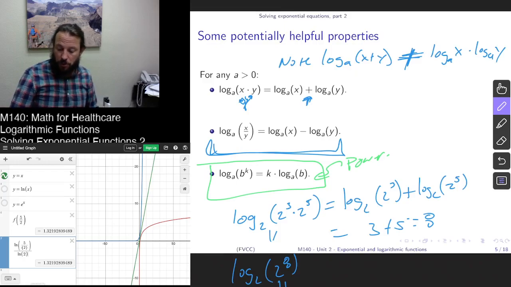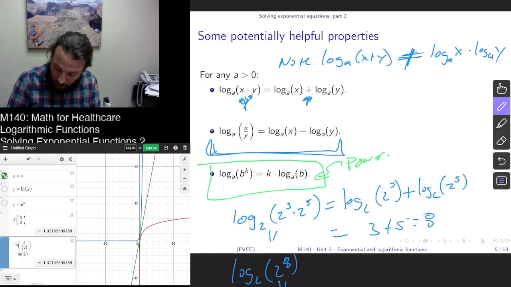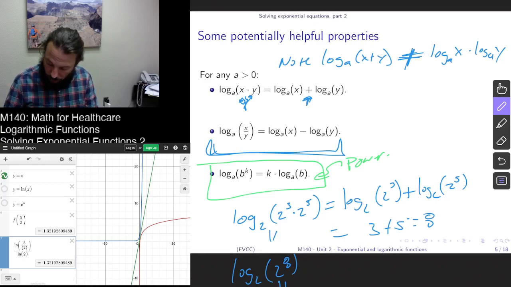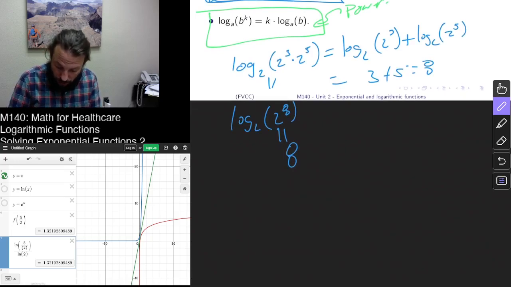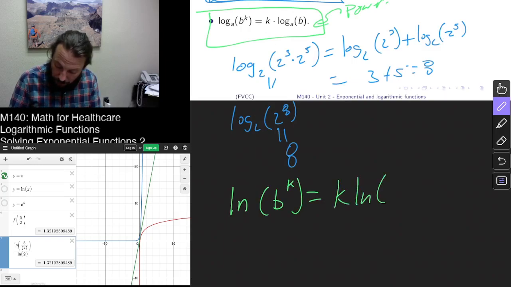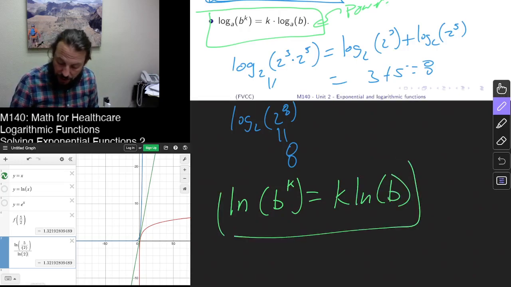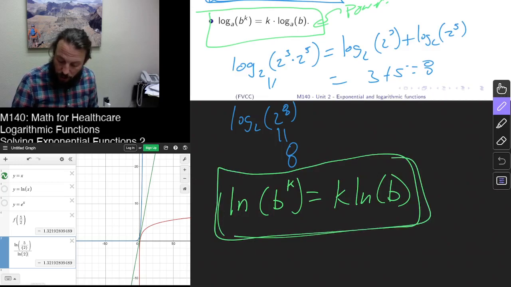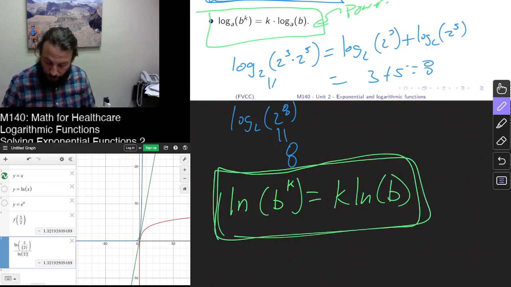But anyway, it's a formula we'll use, and what we use the most is the natural log of b to the k equals k times the natural log of b. That's going to be 99% of the time when we're solving exponential equations, we're going to use this rule. So let's see how that comes up.